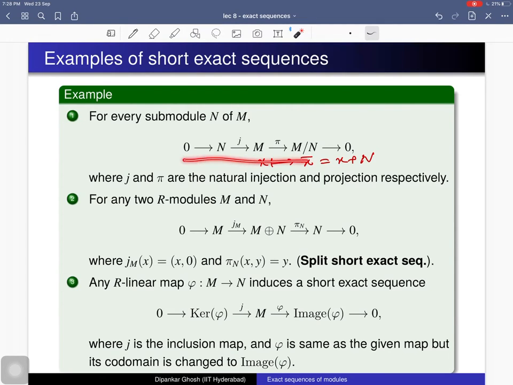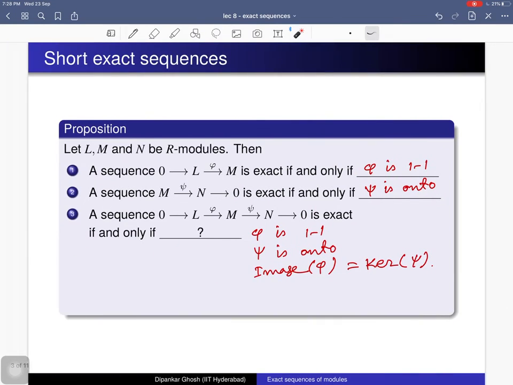Here you consider an arbitrary short exact sequence, that means this map is injective. So, you can think that L is isomorphic to phi of L, its image, and that is a submodule of M. So, you can think of L as a submodule of M via this map, and this map should be surjective.